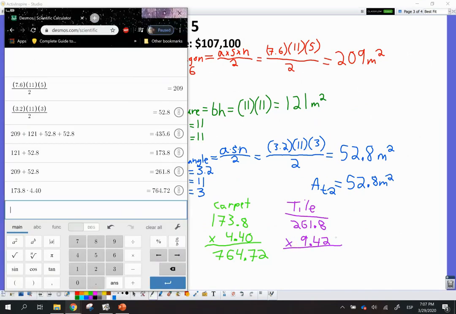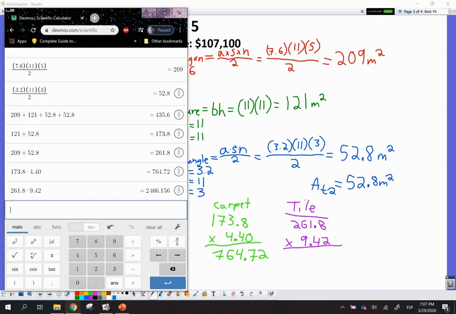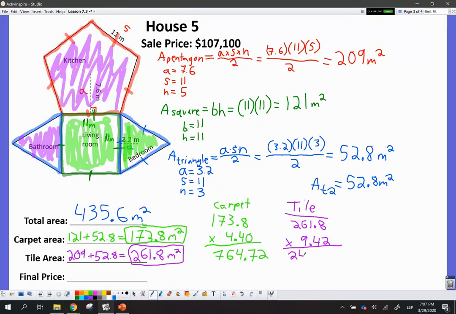So let's go to our calculator. 261.8 times 9.42. That gives me 2,466 and 16 cents. I'm going to round that. So 2,466 and 16 cents. Very expensive. If you're ever going to replace a floor, yes, it does cost this much.